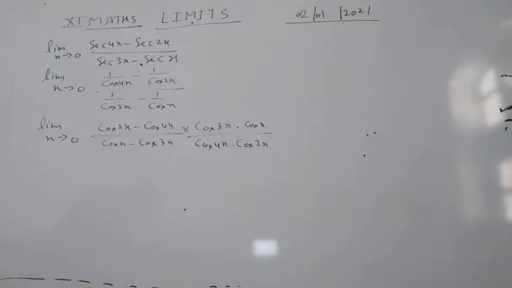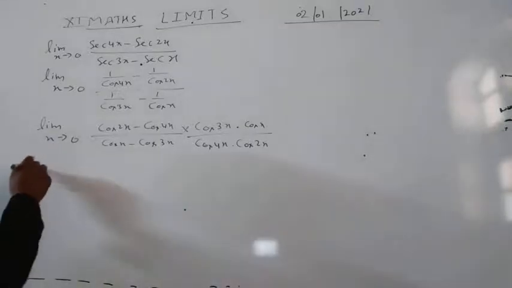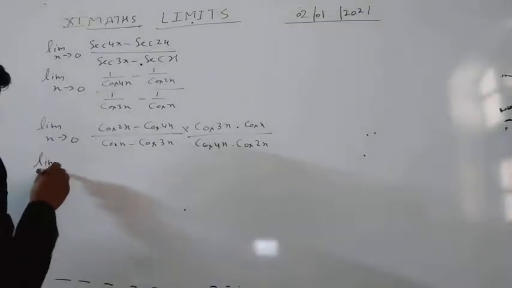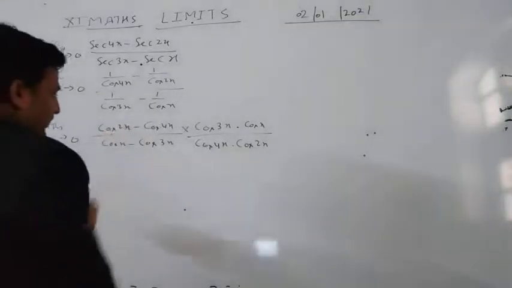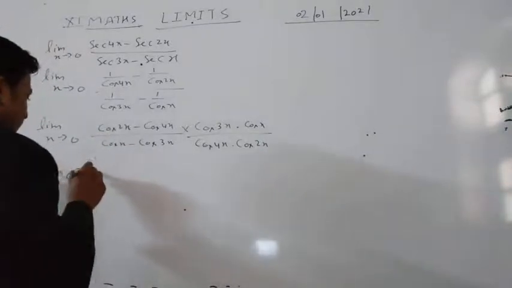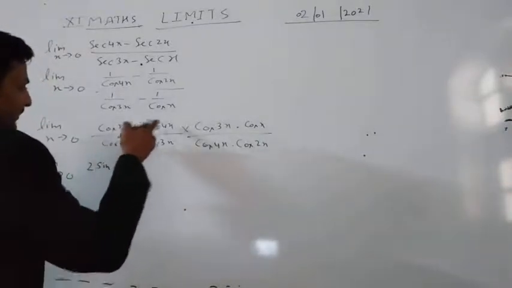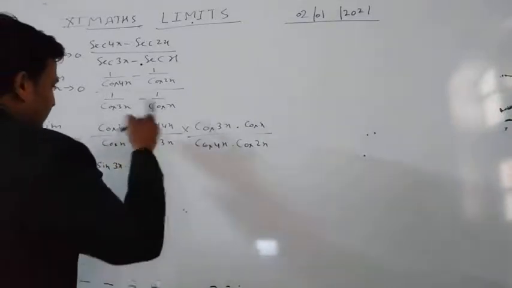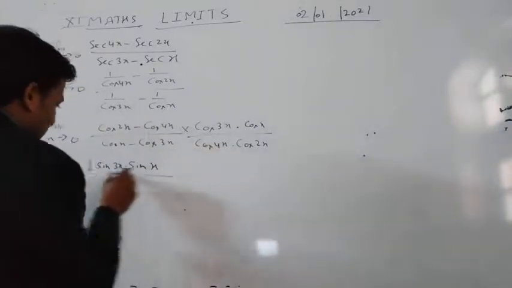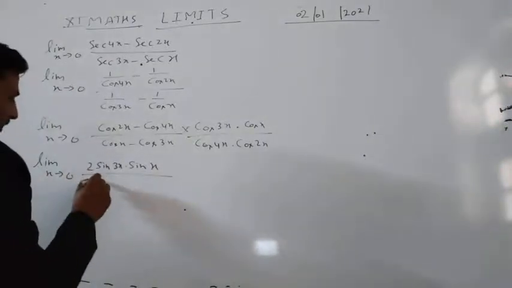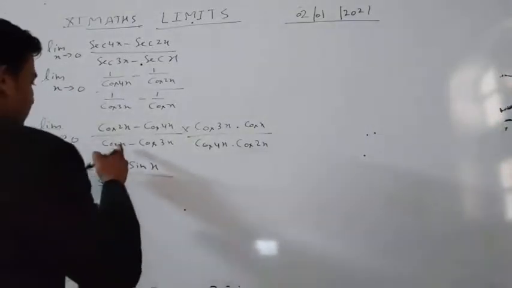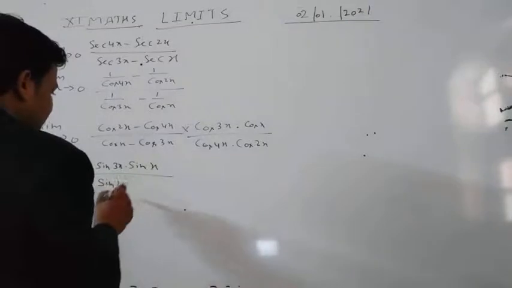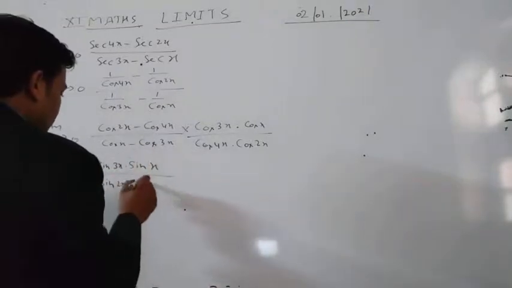Okay student, so we write limit x tends to 0. This is cos c minus cos d, so it will be 2 sin (c plus d) by 2 into sin (d minus c) by 2. Again 2 sin (c plus d) by 2 into sin (d minus c) by 2.